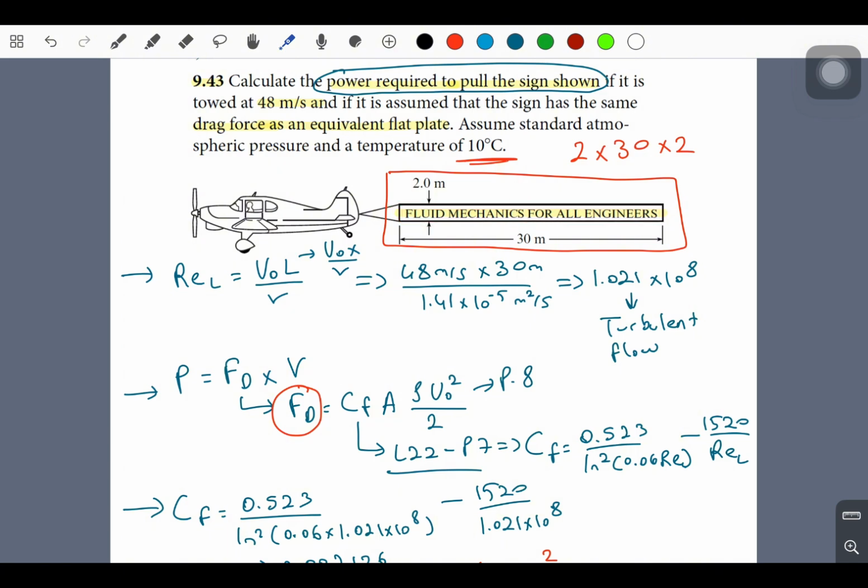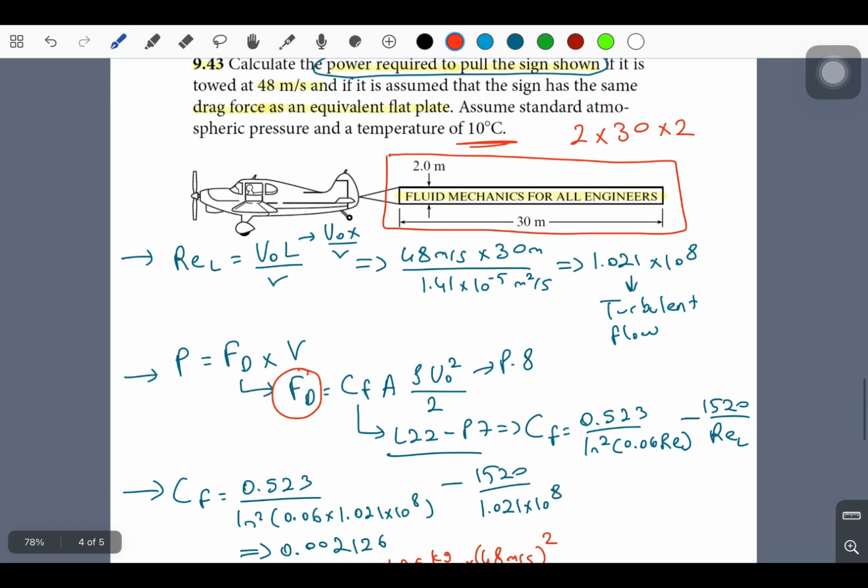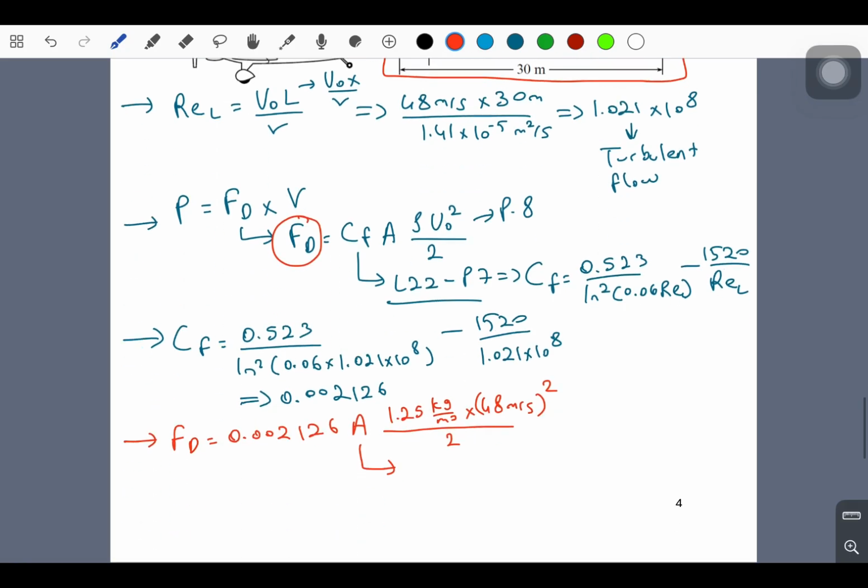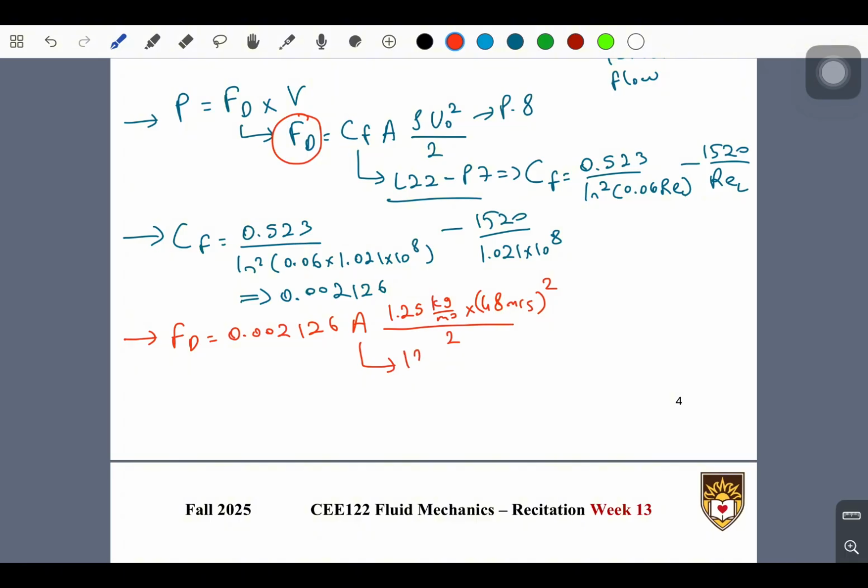So we have this total area, and it is 120 square meters. The drag force will be 367.4 Newtons.